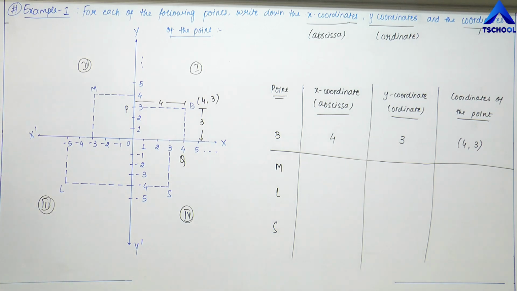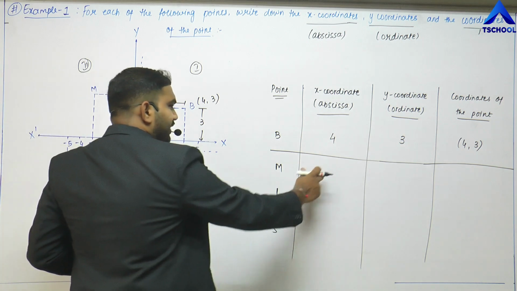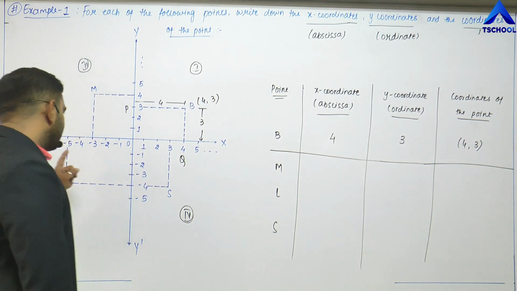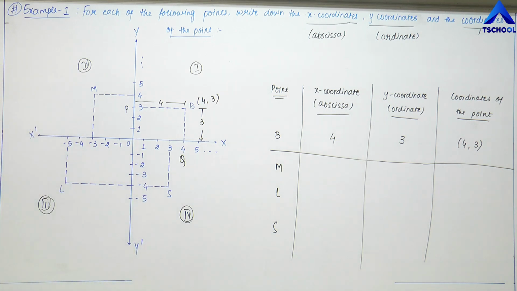So whenever you find such a thing, the x coordinate will have a negative value, right? Because it corresponds to the negative x-axis, as we have seen in the previous lecture. Is it clear, friends?